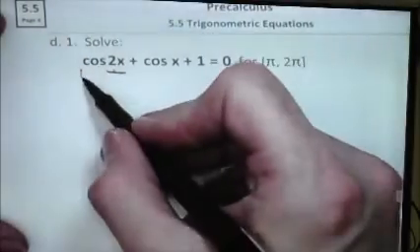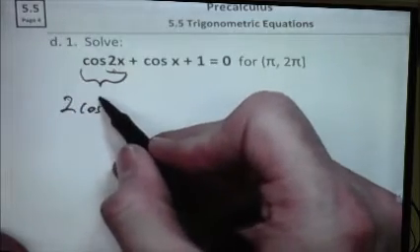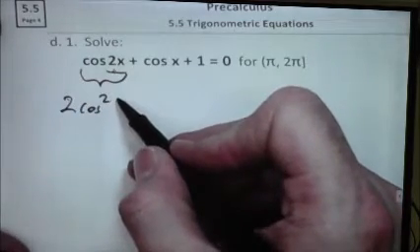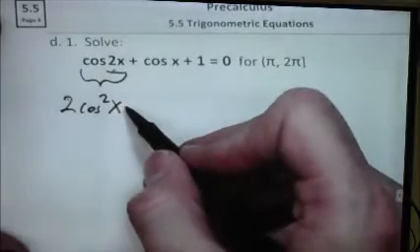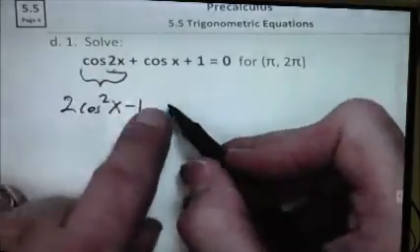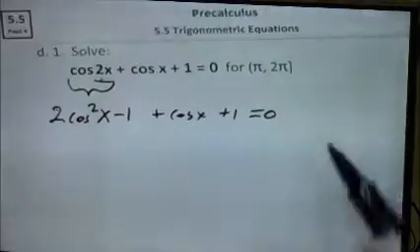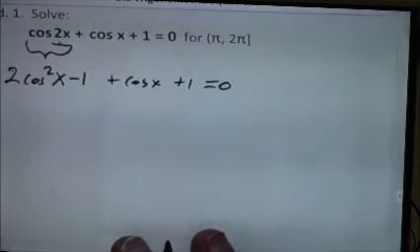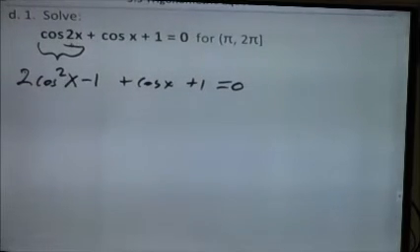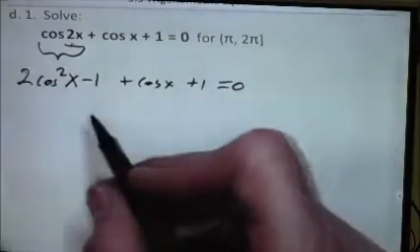So I will literally just replace that with that formula of 2 cosine squared, and because we're using x, I'll put an x there, minus 1. So this becomes that, and then I do plus the cosine x plus the 1 is equal to 0. As opposed to working with the quadratic formula or factoring like that, these 1's cancel out, which simplifies things.